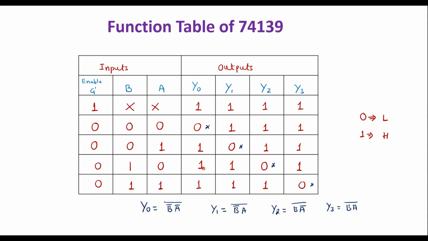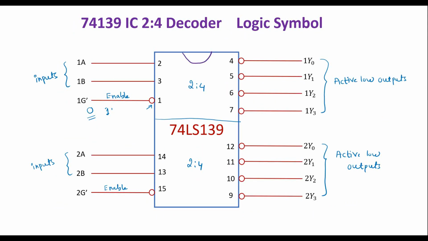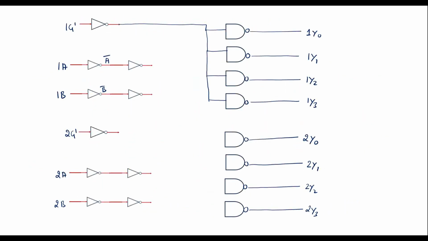According to this equation, we have Y0 is equal to B bar, A bar. So we have B bar, A bar. This is A bar. It should be connected to this gate, and we have B bar here.